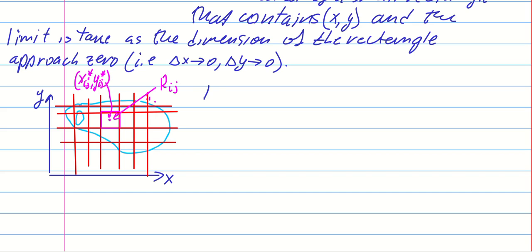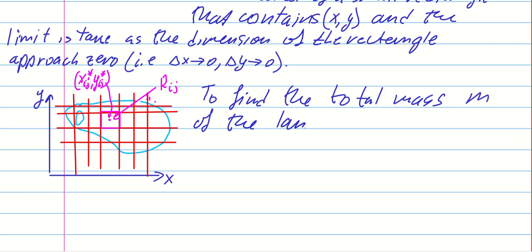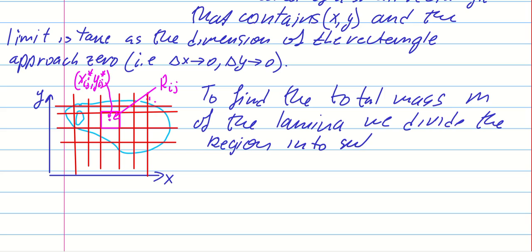So to find the total mass M of this lamina, we divide the region into subrectangles R sub i j, right?